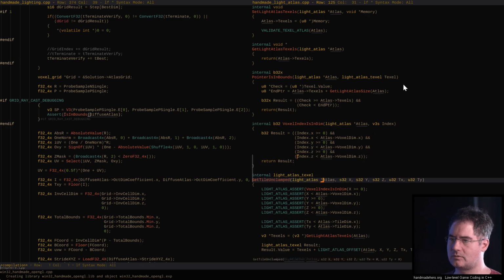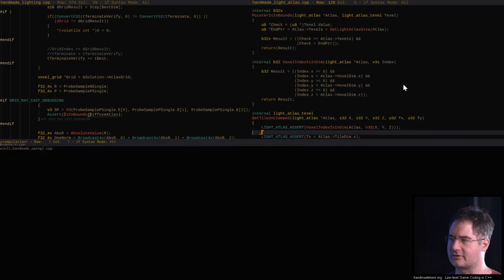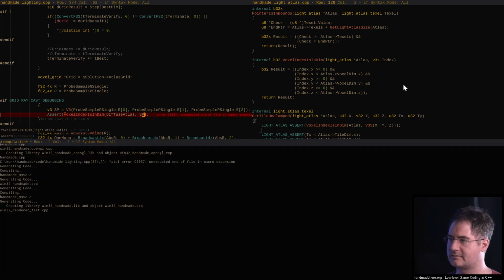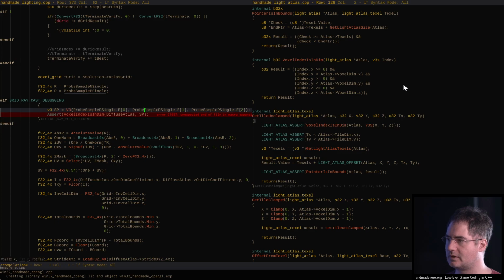So if we just pass the xyz to the function here as our assert, then people outside can also call that assert, which is what we want, right? So here we would just say assert that voxel index is in dim, and there's the diffuse atlas and a place that we're trying to check. And that would, in theory, tell us.